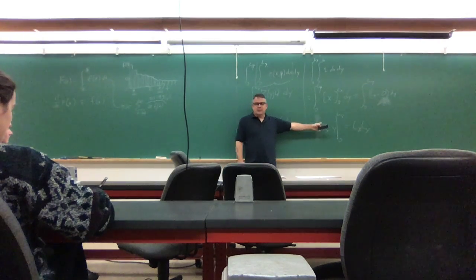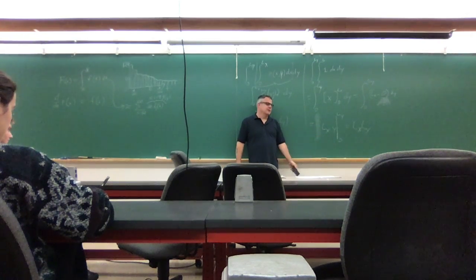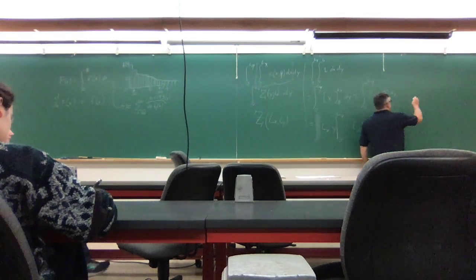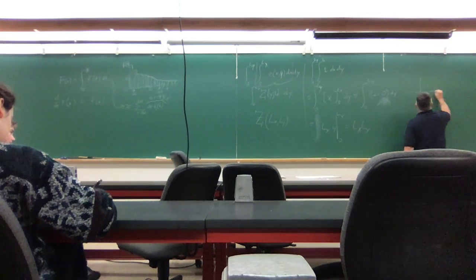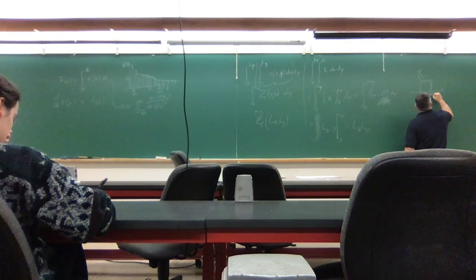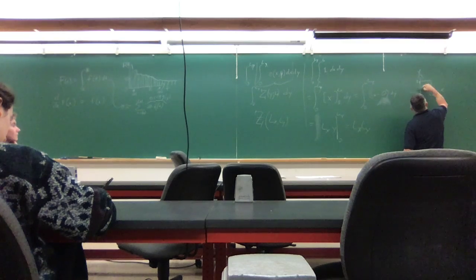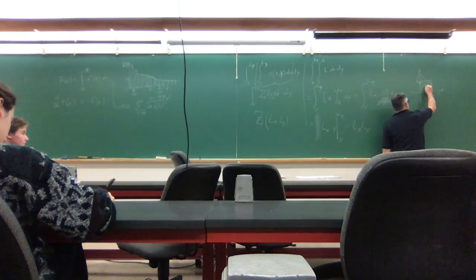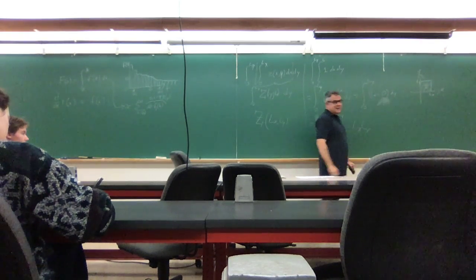What physical problem have I just done? Let's think of a picture. I was drawing something, and I had an x-axis, and I had a y-axis, and I had Lx, and I had Ly, and I had zeros, and I just integrated the function 1 over that area.